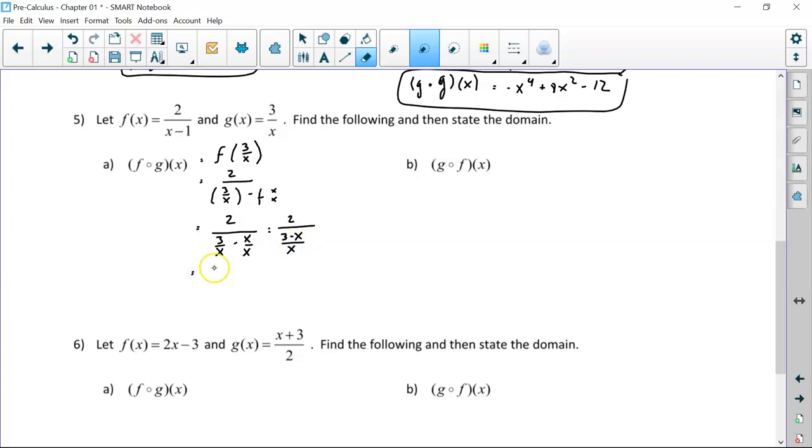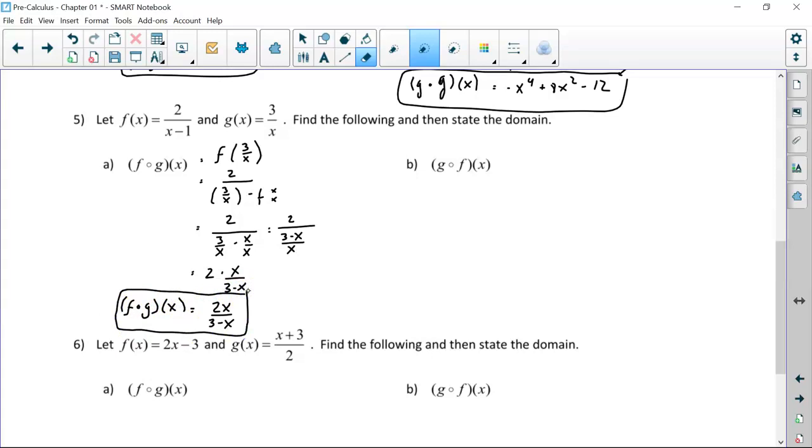We multiply by the reciprocal. So 2 in the numerator stays the same, times the reciprocal of 3 minus x over x, which is x over 3 minus x. So we do that, we get 2x over 3 minus x. That's f of g of x.